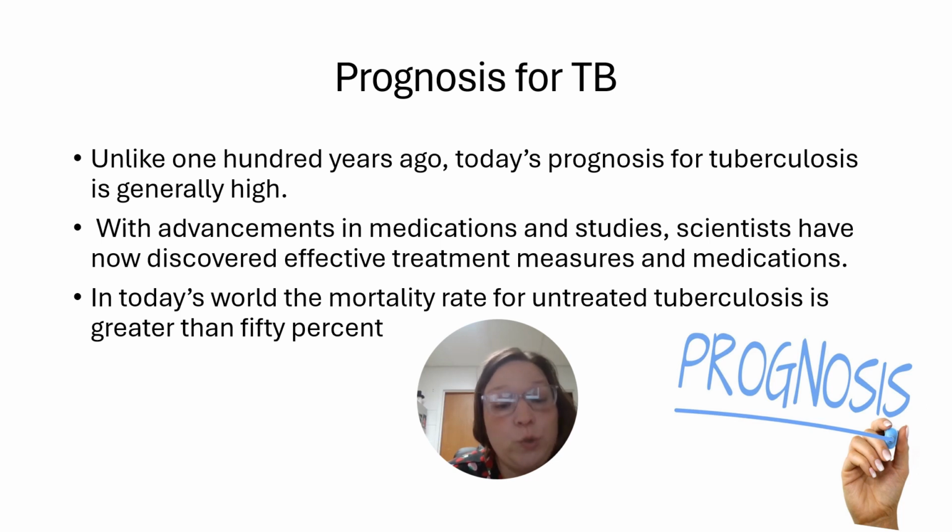But if left untreated, and we're going back to countries where people can't just go to the hospital, or may not have doctors, or may not be able to get antibiotics, the prognosis is that greater than 50% will die.